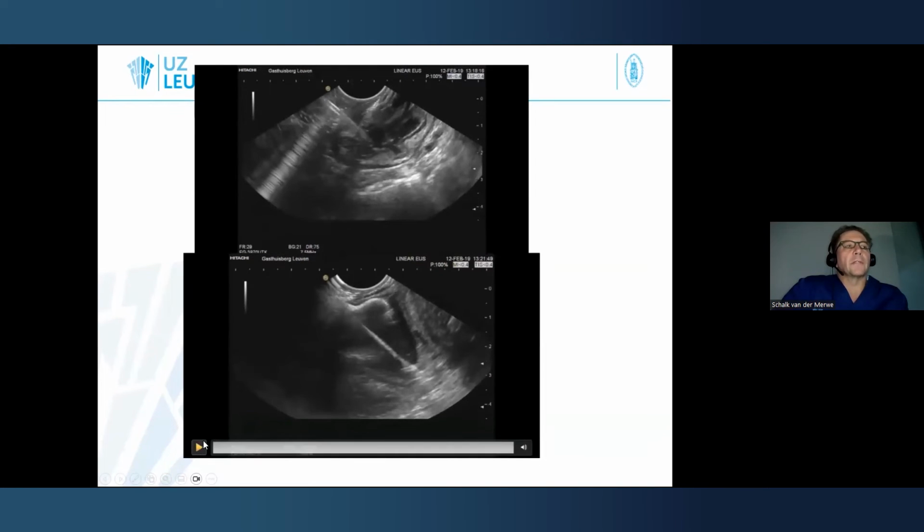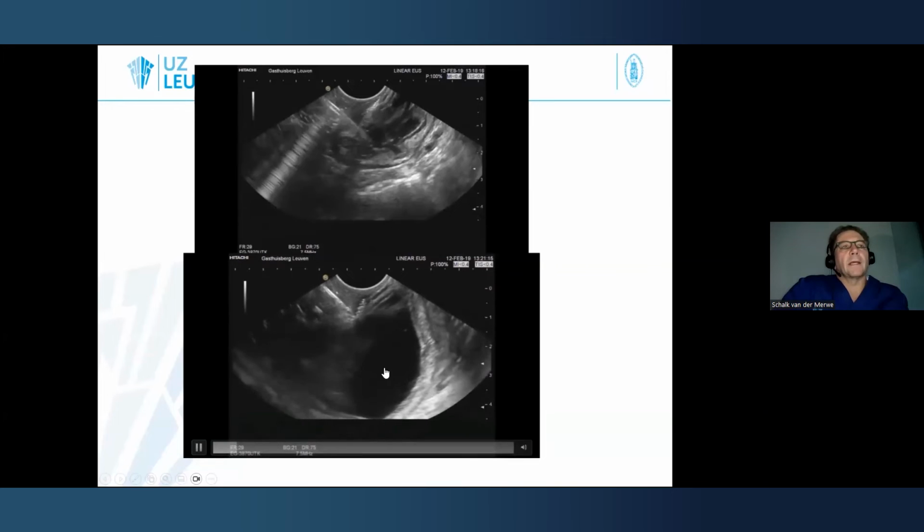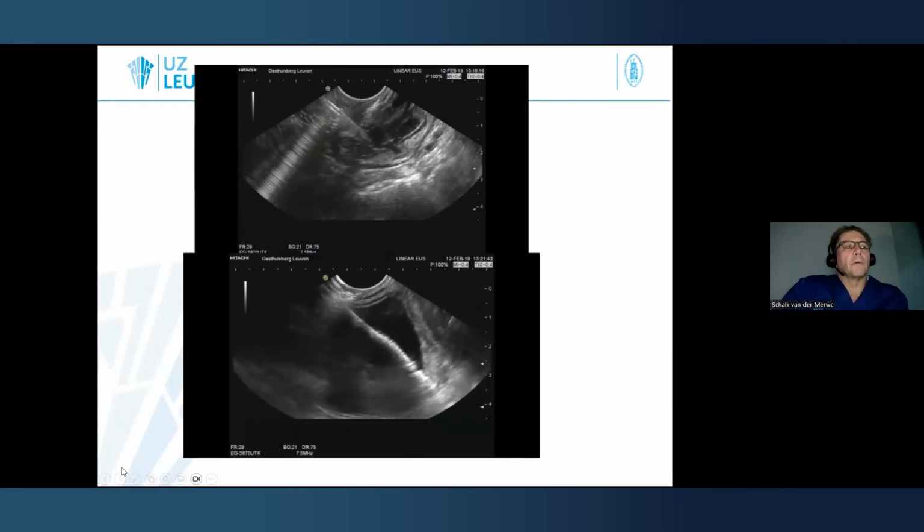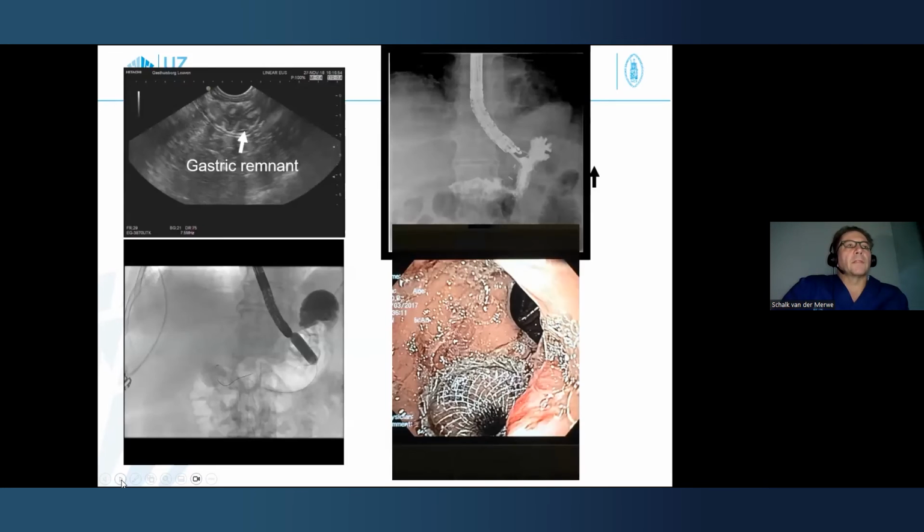Fluid is inserted into the excluded stomach for finally the placement of a lumen opposing metal stent, as shown here, that will serve as a conduit for your ERCP procedure.